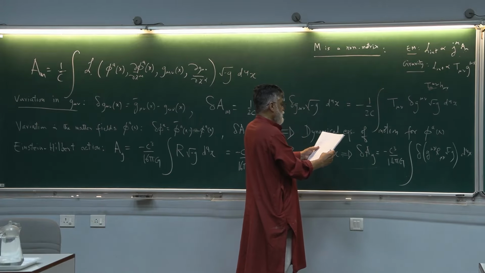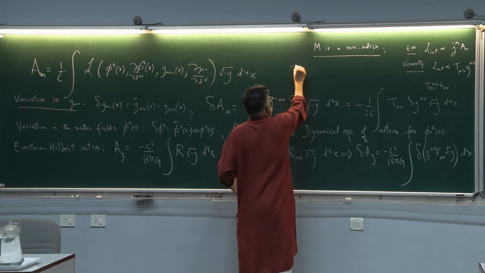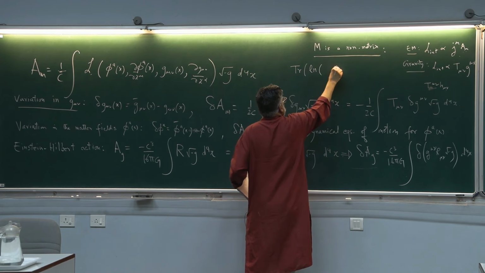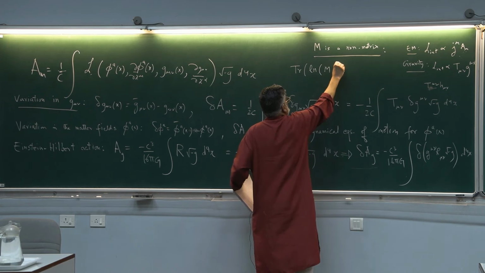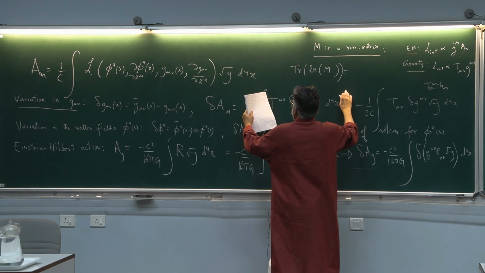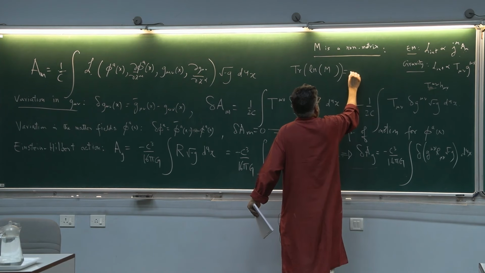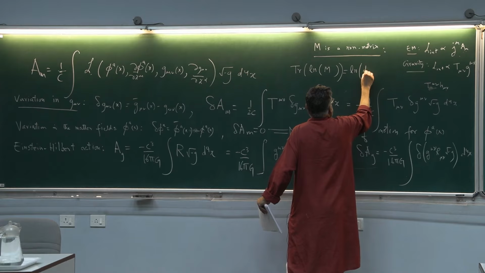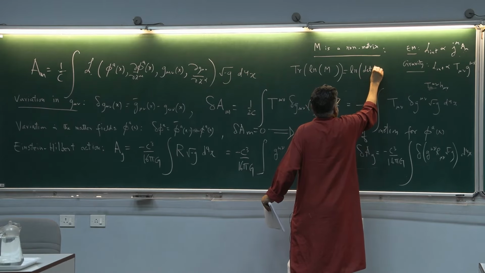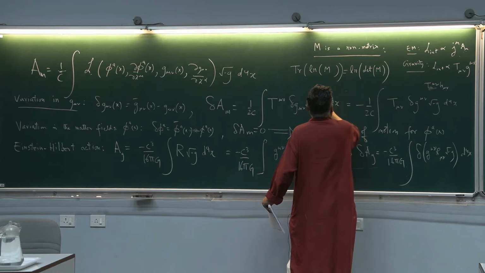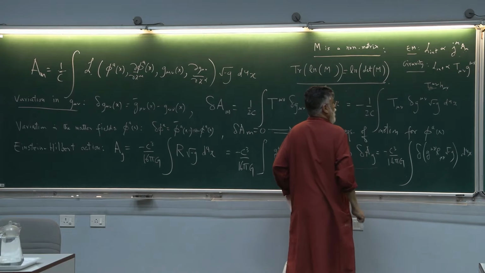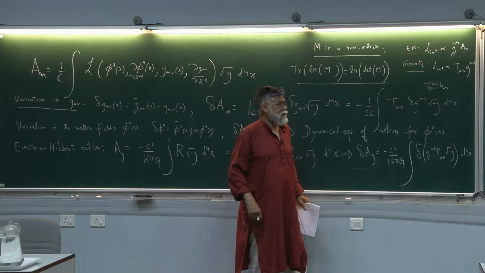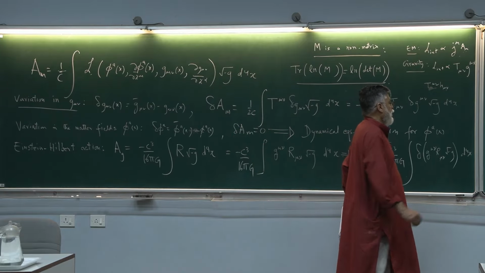Then the result is this: the trace of the natural logarithm of the matrix is equal to the natural log of the determinant of the matrix. This is a matrix identity. And if you use this matrix identity, you can prove the variation in the determinant of the metric.